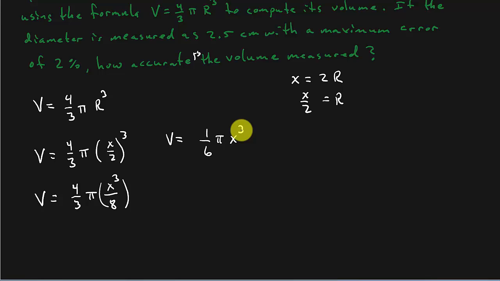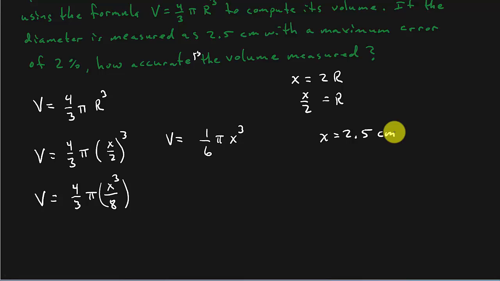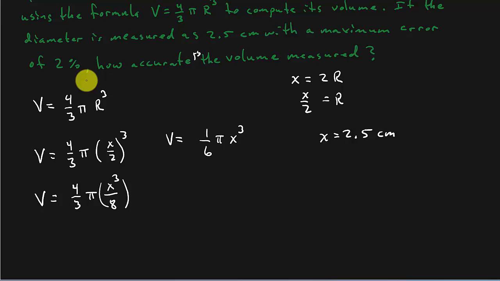All right. So we want to use X equals 2.5 centimeters, right? That's what we're looking for. Now, what does it tell us? It tells us that there's going to be a maximum error of 2%. So that 2%, that's the error in measuring what?